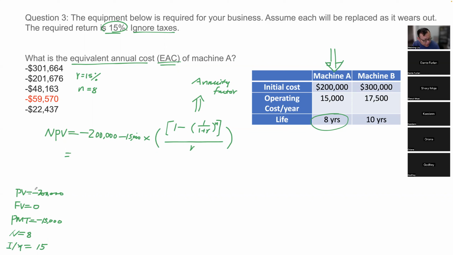So you calculate the present value of the annuity. Calculate your present value of annuity, and then you add 200,000. That's going to be your net present value.